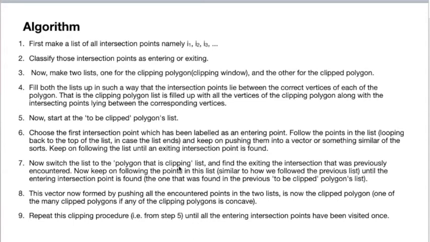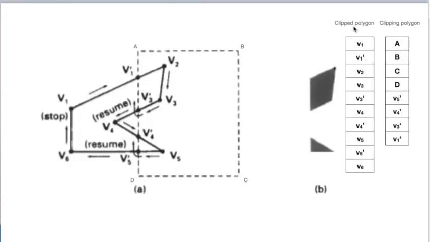Okay, so you choose first the intersection point which has been labeled as an entering point. So you take the clipped polygon list and take an intersection point which is labeled as an entering vertex. So here V1 dash is an entering vertex. So you start from here.